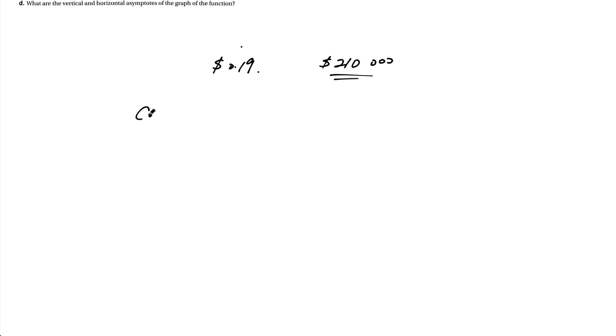So for cost, we're trying to model cost, and there's 210 plus the first 500, so 500 times 0.19. As soon as you want to even make one DVD, this is a fixed cost.